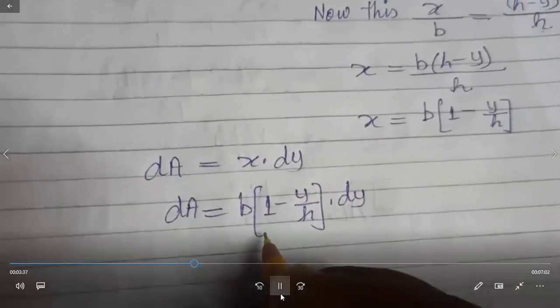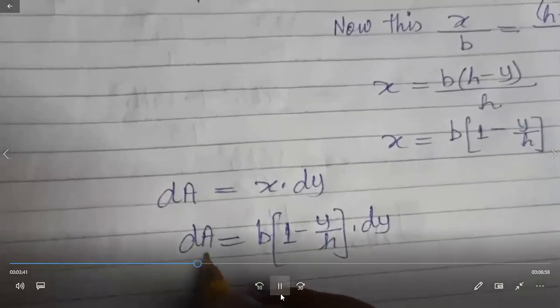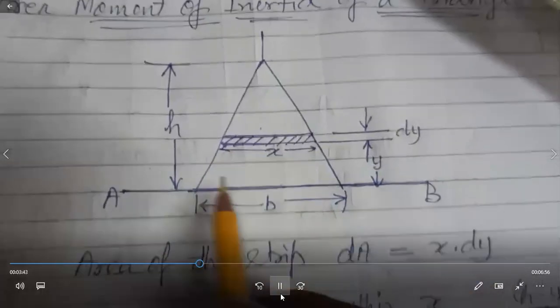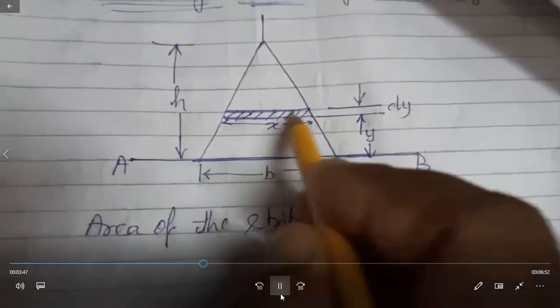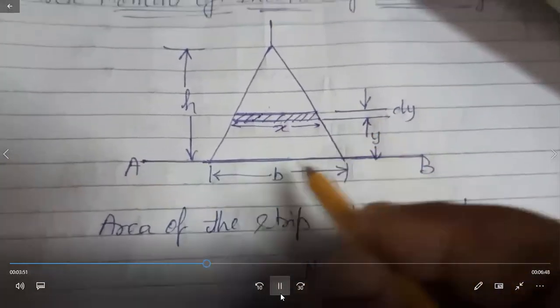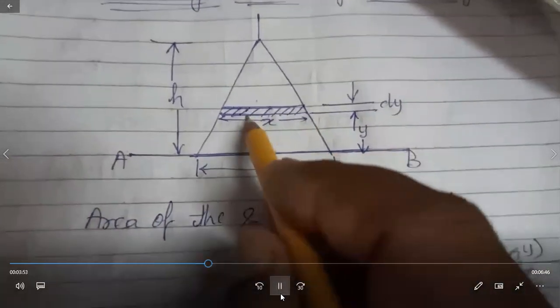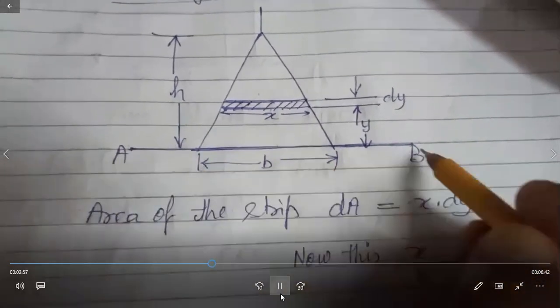Now the moment of inertia of this elemental area about the baseline AB. So this elemental area dA is at a distance y from AB.